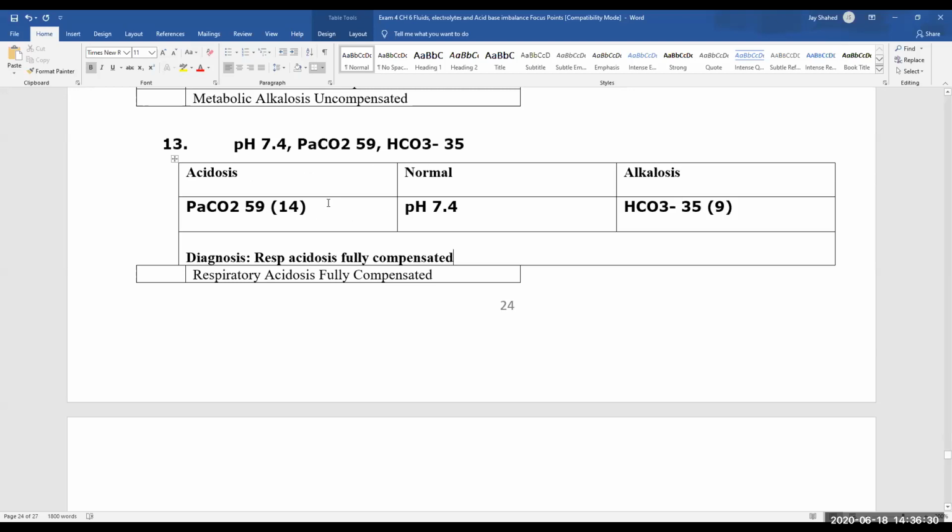For these problems, go with the higher number for your diagnosis. And if this is actually moving, that means you are being compensated. It did move. And if it's exactly 7.4, all right, then you follow the higher number.